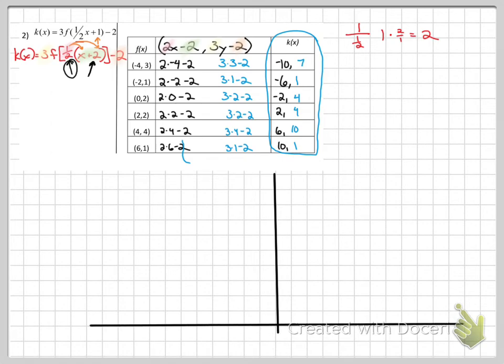So my graph can be down here so that I can fit it all on there. I'm just plotting the points.